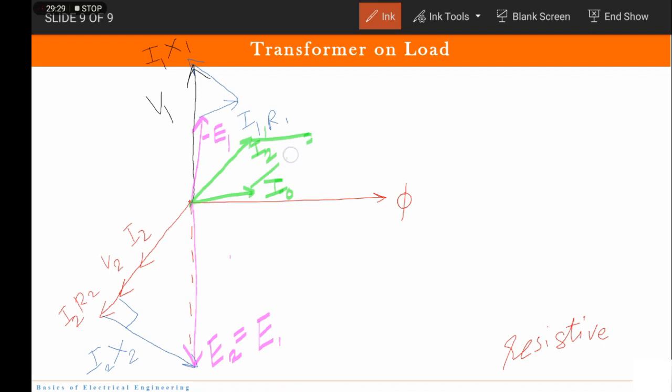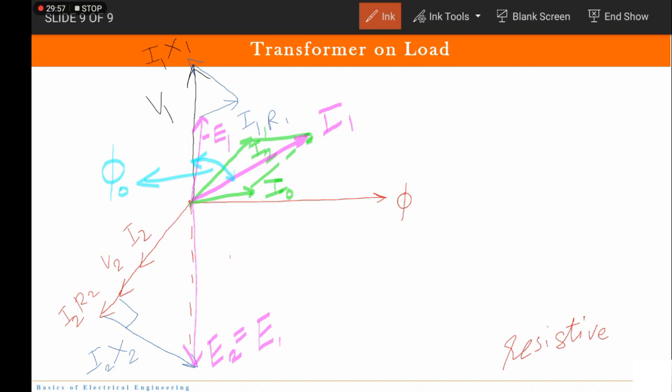The resultant of these two will give me I1. And this is the phase angle, phi 0, which I'll write here.